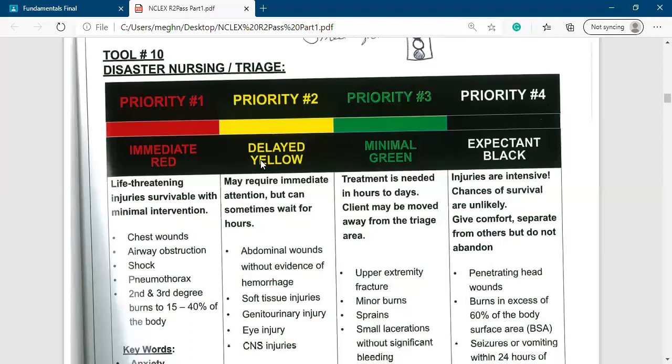A bone fracture patient feels pain, but does not die within a short time. So you can take a little bit of time. Here the patient may require immediate attention, but can sometimes wait for hours.